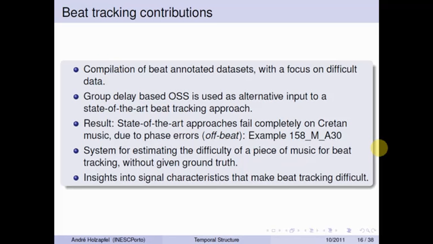So we try to identify automatically, without the existence of ground truth, as I say down here, we try to estimate the difficulty of a piece, not perceptually, but for the state of the art in beat tracking. So if we want to improve the state of the art in beat tracking, and we want to get an idea of what's the problem, we try to identify the pieces which actually have some properties which make state-of-the-art fail in order to understand about the signal properties. So that's kind of the philosophy of this research.